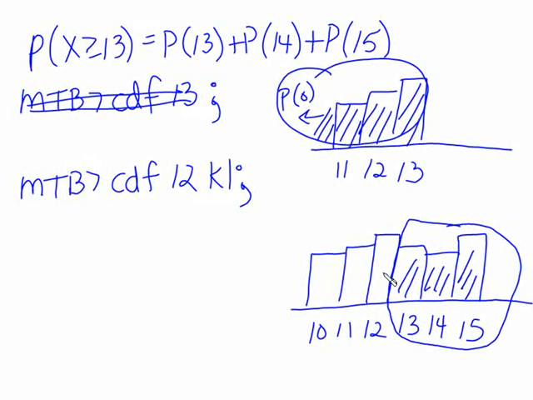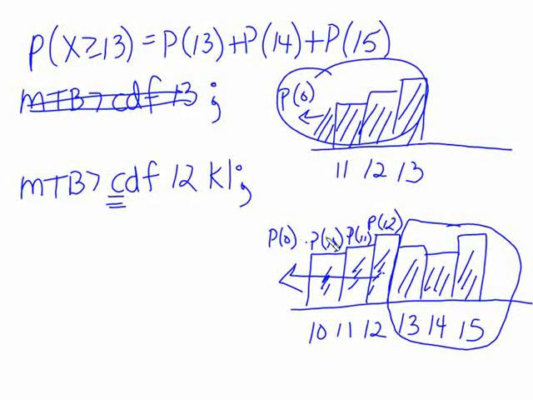So because the default for Minitab, as I said, is less than, if Minitab figures out the probability of 12 and less, we can then just find the complement. So Minitab will take the cumulative, hence the CDF, probability of 12 plus the probability of 11, plus the probability of 10, etc., all the way down to the probability of 0. It will take that sum and store it in K1.